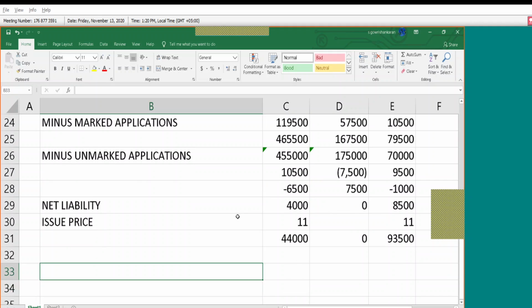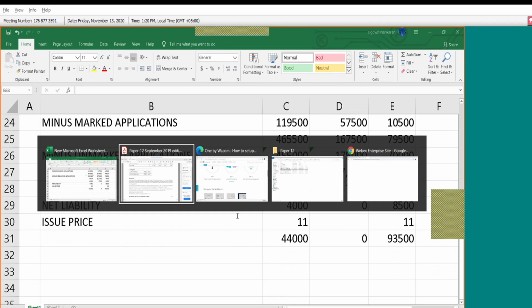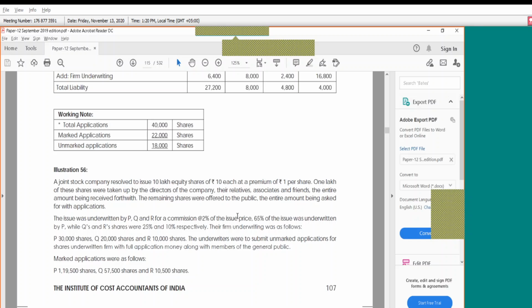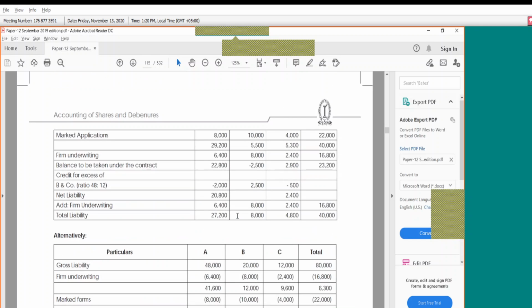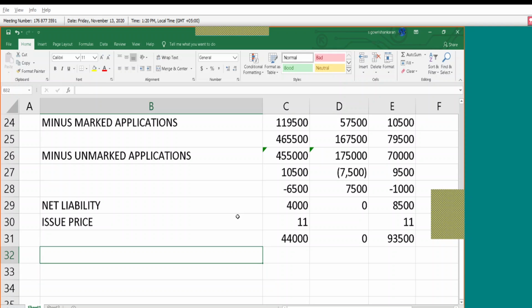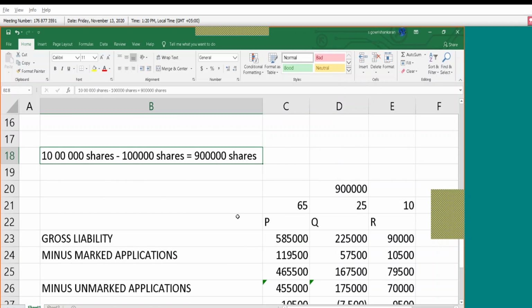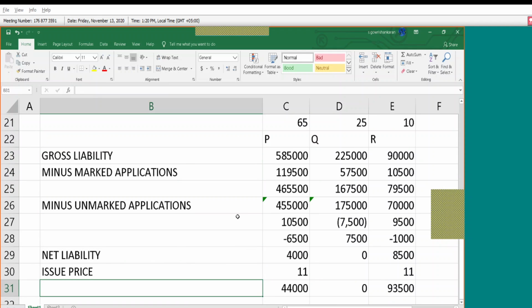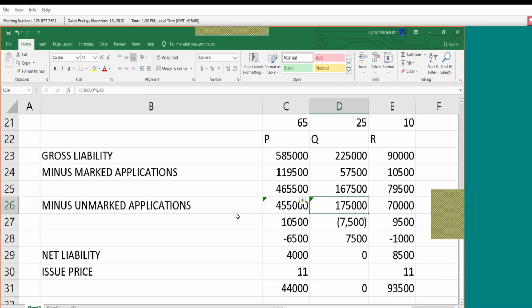So the first step is over. How to get 7 lakh? What is that 7 lakh actually? Unmarked application.